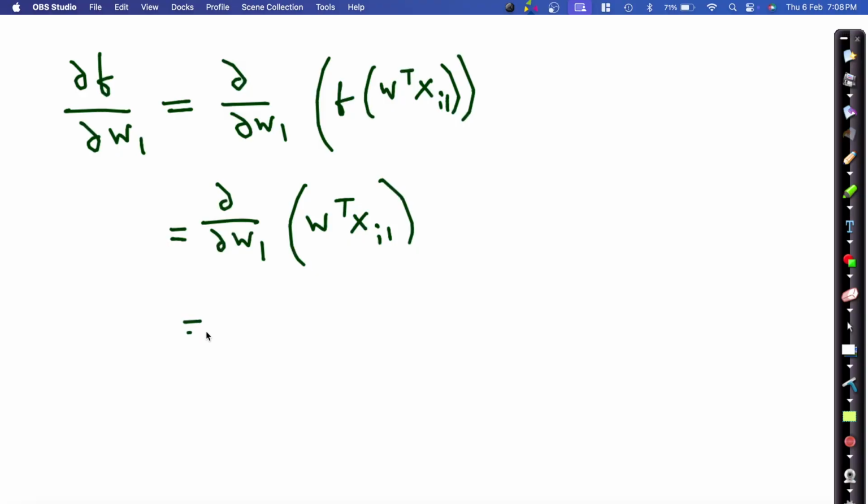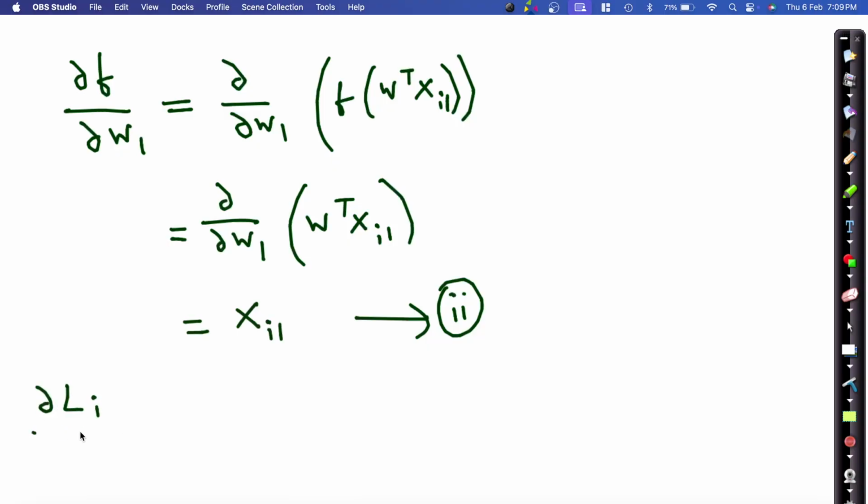Okay, so here what we get, w transpose is nothing but a w vector, right? So w vector with respect to w is nothing but 1, and this xi1 is a constant, so it will come out. So xi1. So this is equation number 2. I hope this is clear. Basic differentiation.